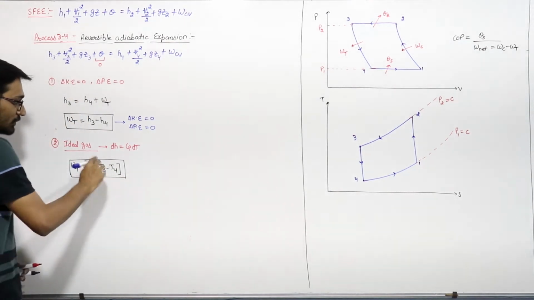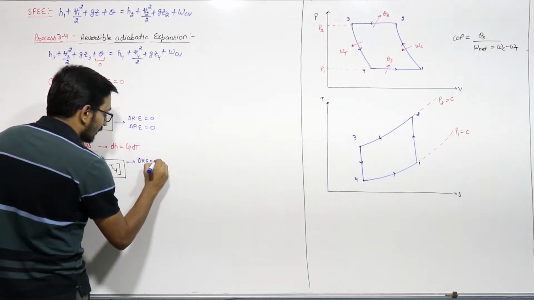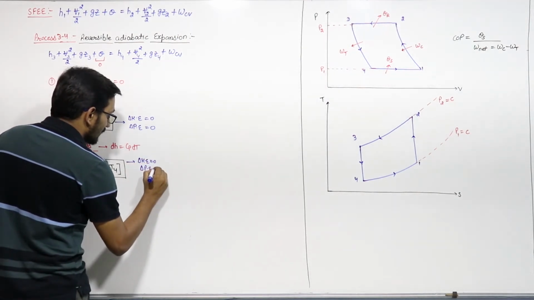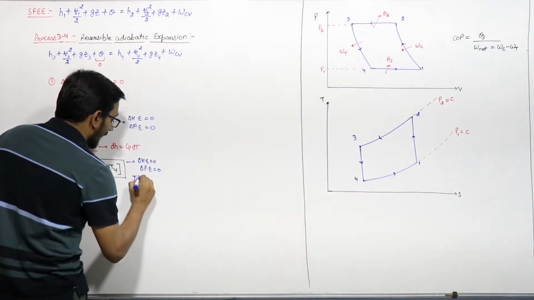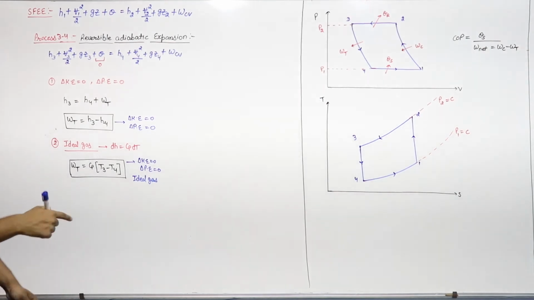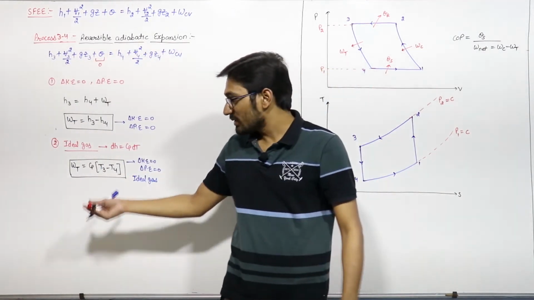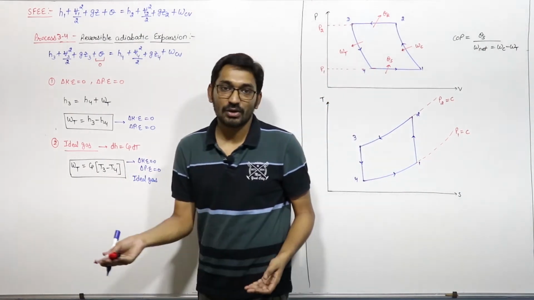The assumptions for using this equation are, first, changes in kinetic energy and potential energy are 0, and second, the ideal gas. Gas must be ideal. If some other fluid is flowing, then you cannot use Cp into T3 minus T4, right?